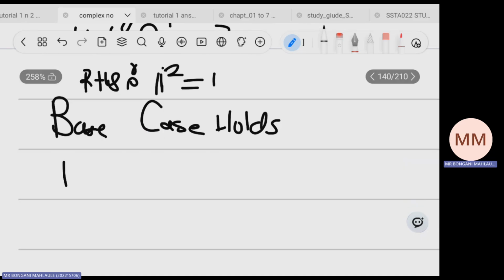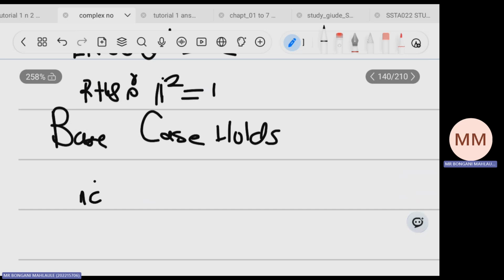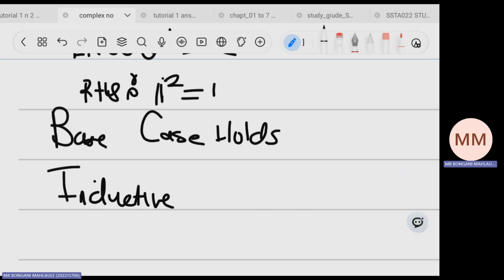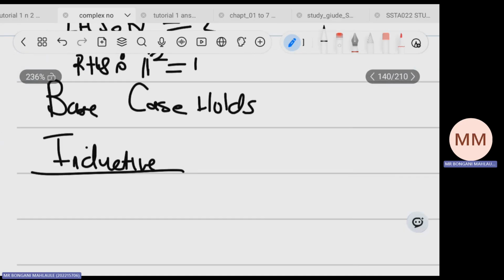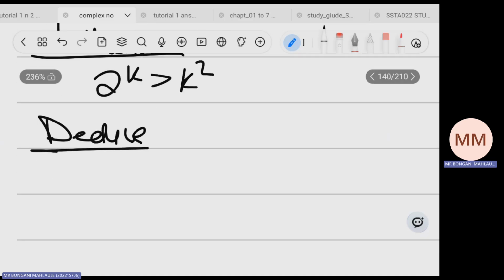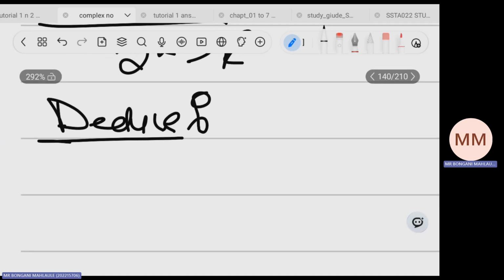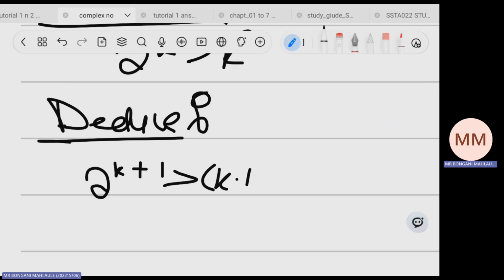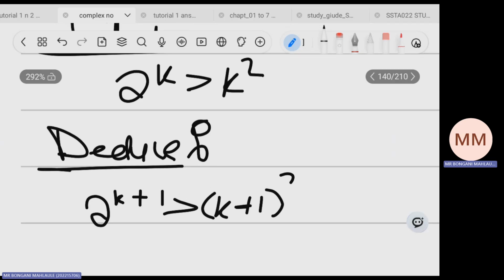Then we can now say by the inductive hypothesis, or the inductive step, basically you will have 2 to exponent k is greater than k squared. Then deduce. So yeah, I'm skipping those steps. For the deduction part, you can say 2 to exponent k plus 1 is greater than k plus 1 all squared.